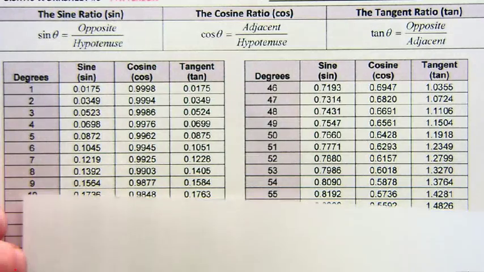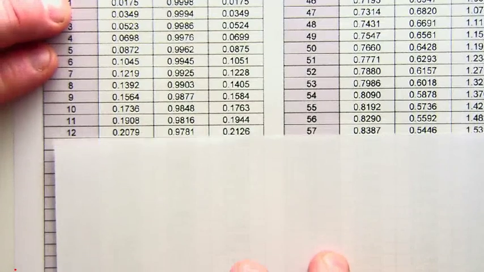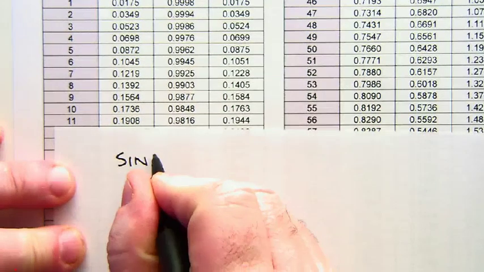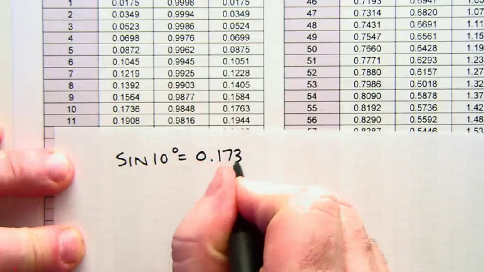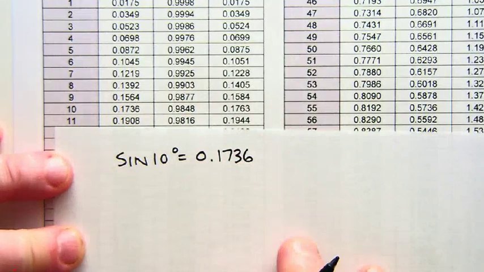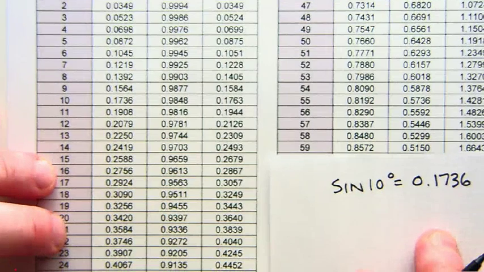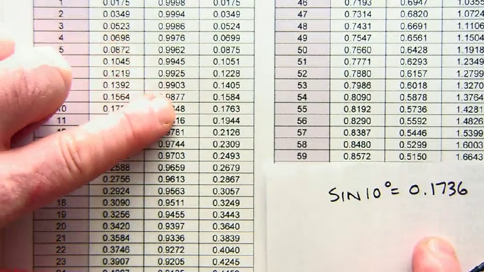that happen here. Let's pick a number in the trig table. I don't know, let's say sine of 10. The sine of 10 degrees comes out to 0.1736 or something close to that. Now let's go looking through the table to see if we can find that number somewhere else.